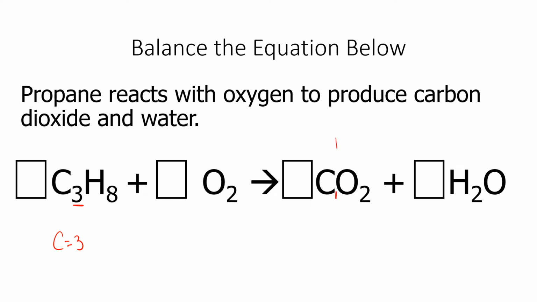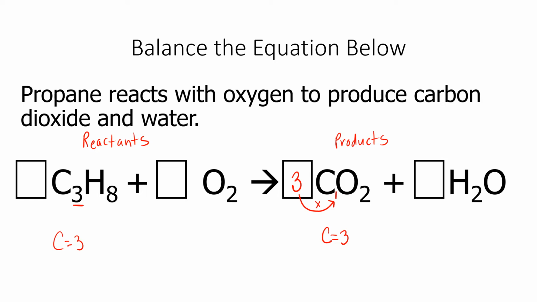And when I say this side, I do mean products being on the right and reactants being on the left. So looking at my products, I have that 1 carbon, but I really want it to be 3. So I'm going to place a 3, and it's going to multiply by this 1 to make 3 carbons. So now those carbons would be balanced.